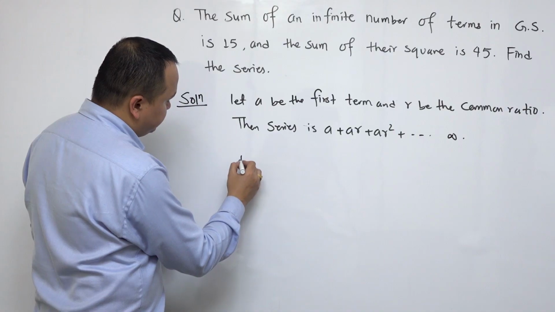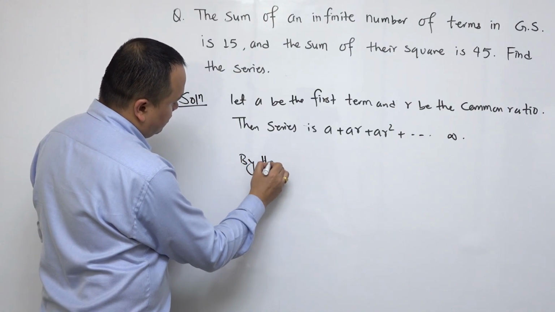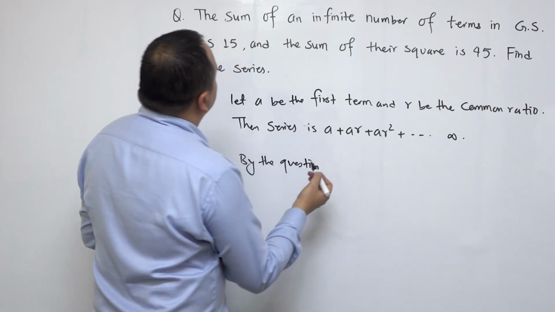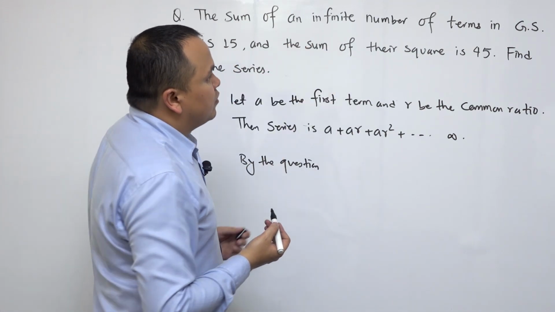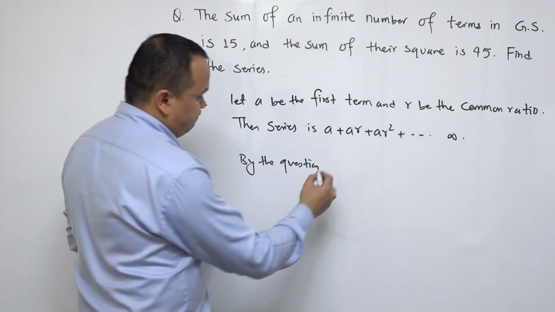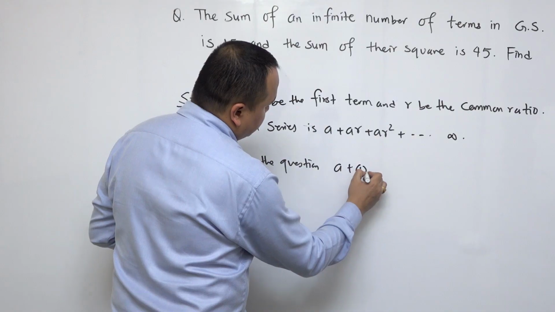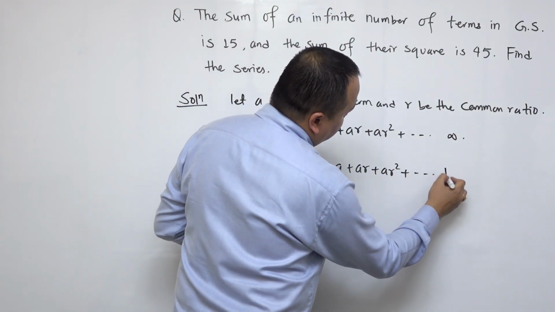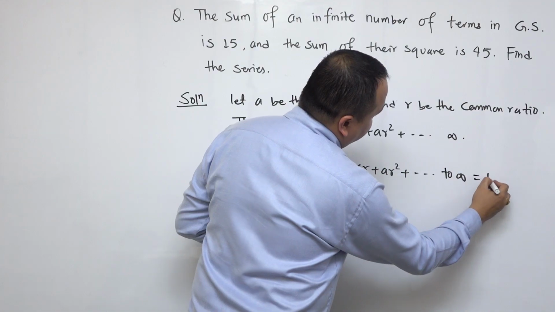By the question, the sum of an infinite number of terms in the GS is 15. A plus AR plus AR square plus dot dot dot to infinity is 15.